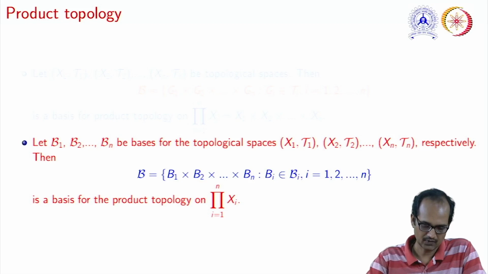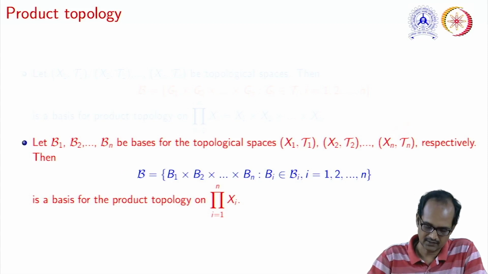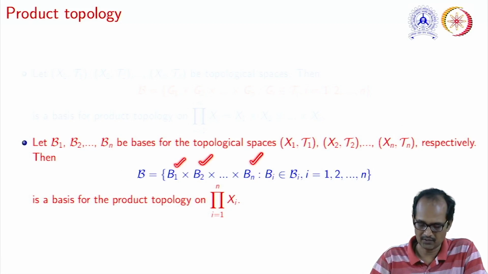If we are having B1, B2 up to Bn as bases for (X1, tau 1), (X2, tau 2) up to (Xn, tau n), then the collection of Cartesian products B1 cross B2 cross up to Bn, where B1 belongs to the basis for topology tau 1, B2 comes from the basis for topology tau 2 and Bn comes from the basis for topology tau n, is a basis for the product topology on the Cartesian product of these n sets, that is X1, X2 up to Xn.